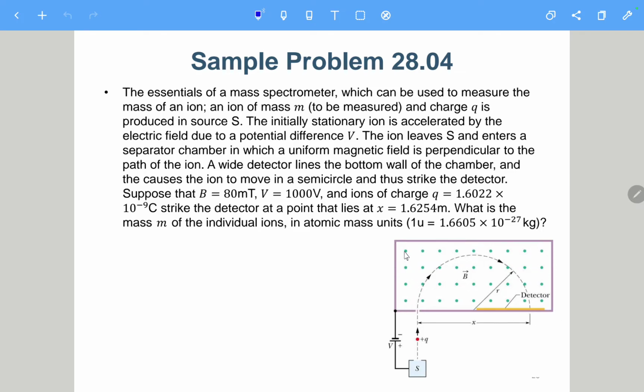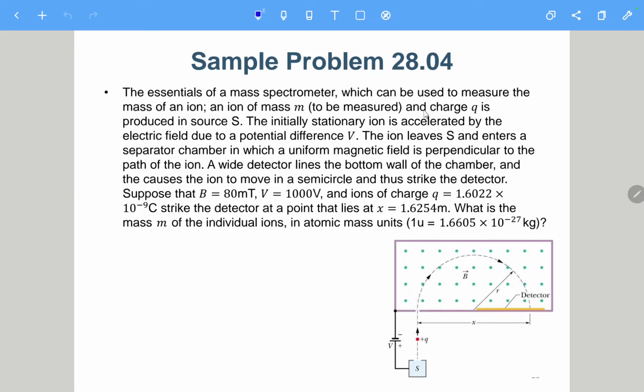Inside the chamber there is a magnetic field, the B field pointing out of the page, indicated by the green dots. After entering the B field, it will go for a circular motion. But here is a screen, or a detector, so we detect which point the particle will drop into. So rather than a whole circular motion, it only goes for a half.